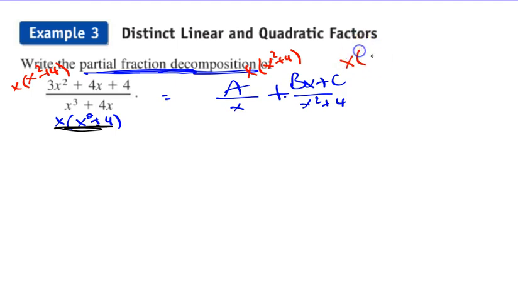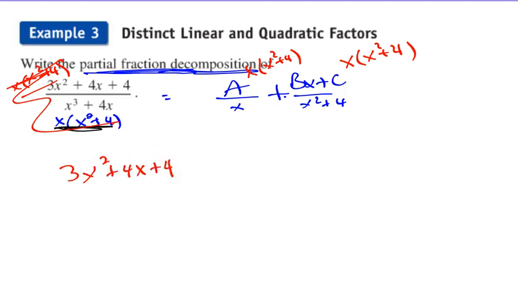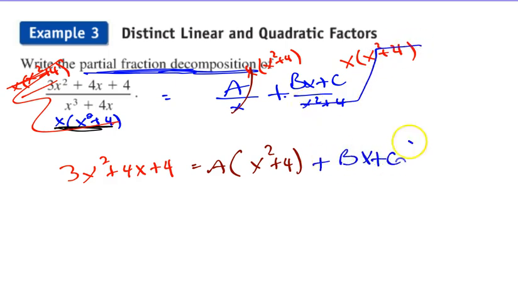Again, it looks like I multiplied the right side twice and the left side only once, but I didn't. I just multiplied both sides by red and then distributed to every term. Everything cancels over here, giving me 3x squared plus 4x plus 4. The only thing that cancels on this side is the x's, so A times x squared plus 4, and all of this cancels, leaving me with Bx plus C times an x.